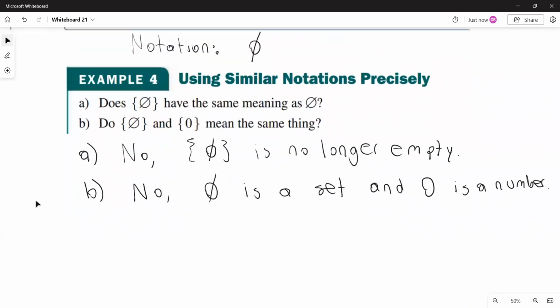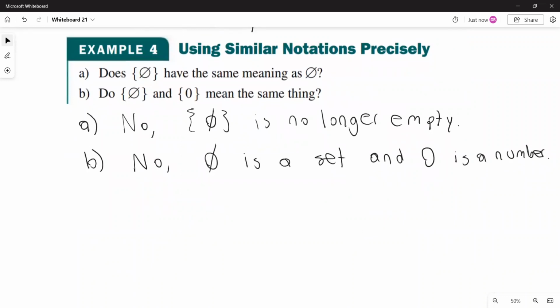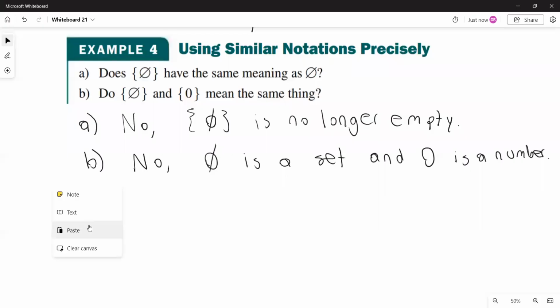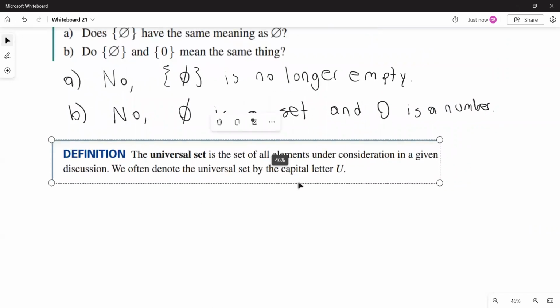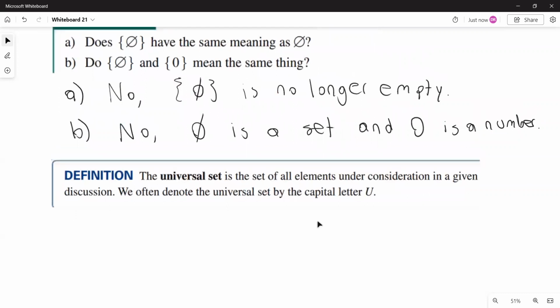And the other set is the universal set. That's also on page 46. The universal set is the set of all elements under consideration in a given discussion. We often denote the universal set by the capital letter U. So universal doesn't mean the set of all things known and unknown.